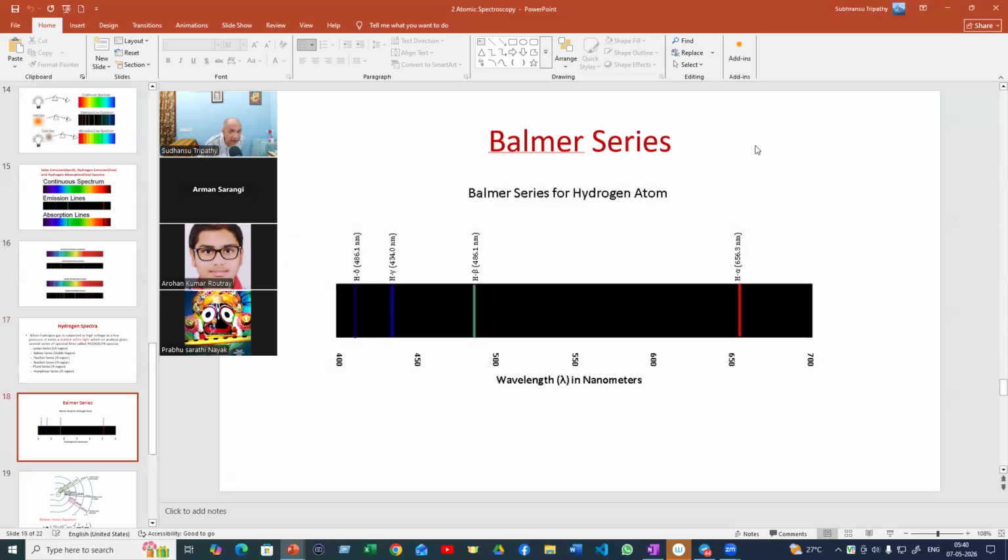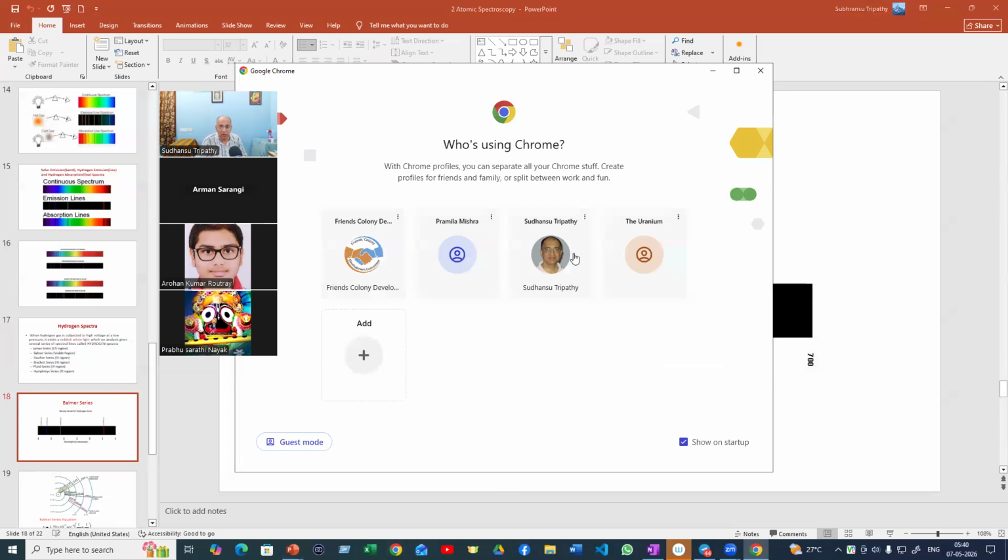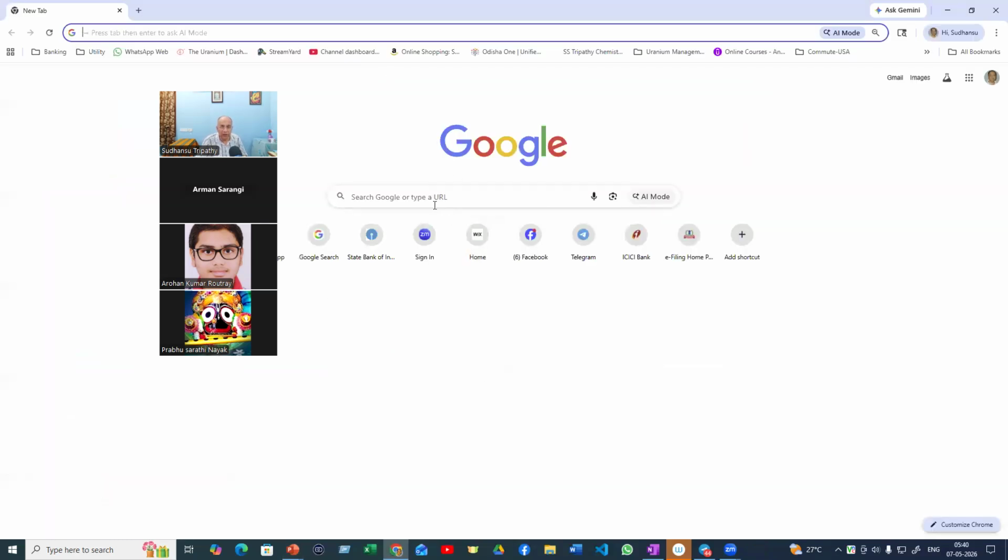Now I'm giving you a short picture. This is the Balmer series. The first person to find hydrogen spectrum is discontinuous is Balmer. I don't know how it is pronounced. Let me ask Google.